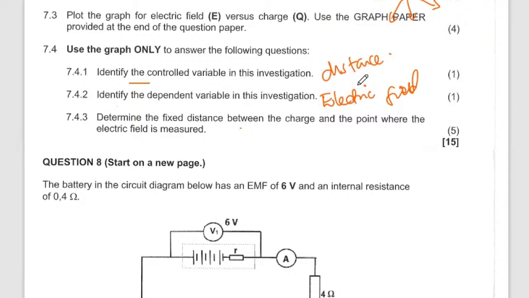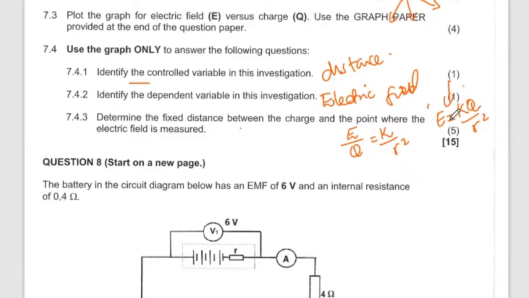So in this case, we can find the gradient, which will be E over Q. Remember from our E equals KQ over R squared, which means this gradient must be equal to K over R squared. That's what I'm seeing from this formula. If I can get E over Q, which is the gradient, then I have that. So we need to find the gradient.